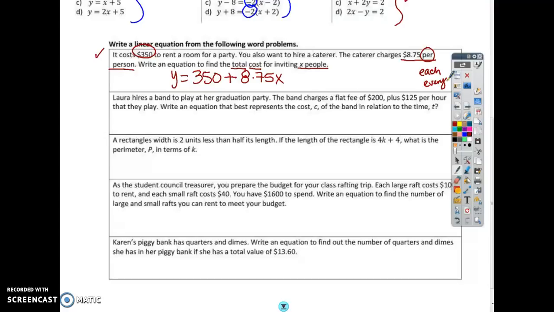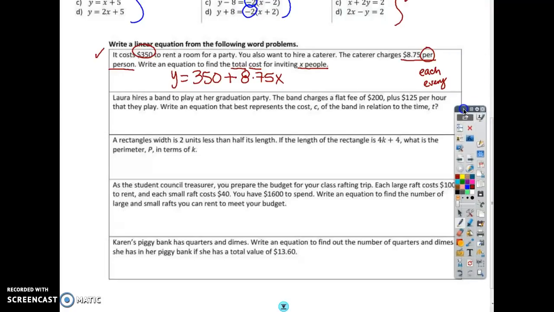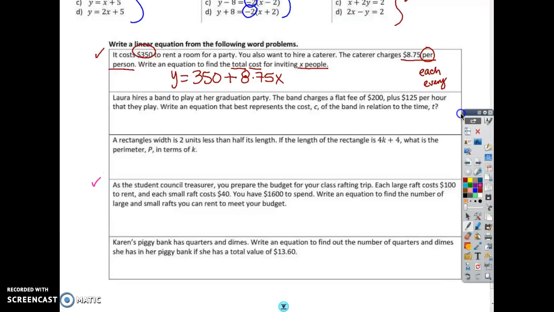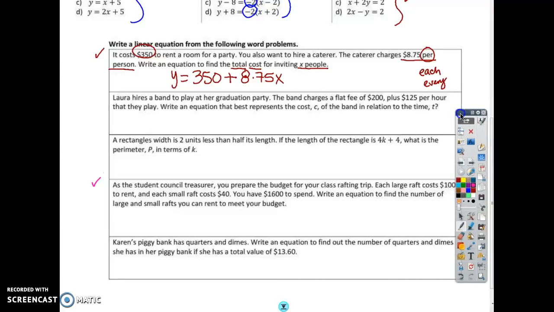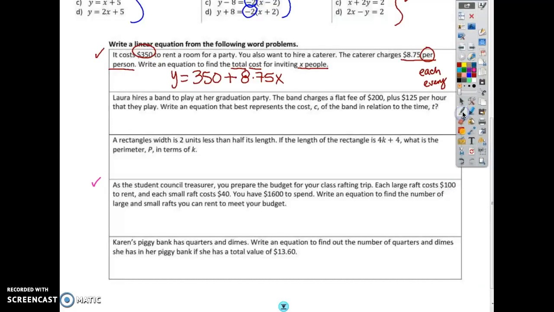Let's do the fourth one. This one. It says, as the student council treasurer, you prepare the budget for your class rafting trip.